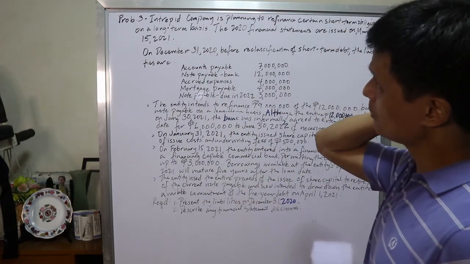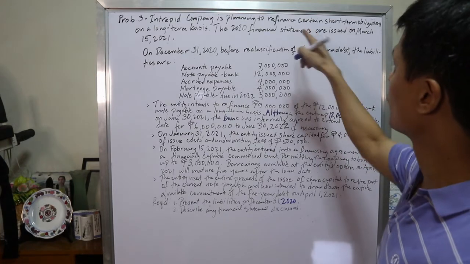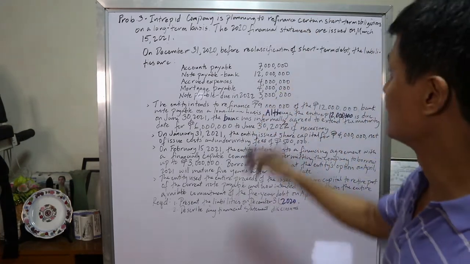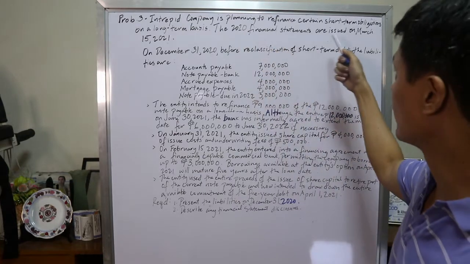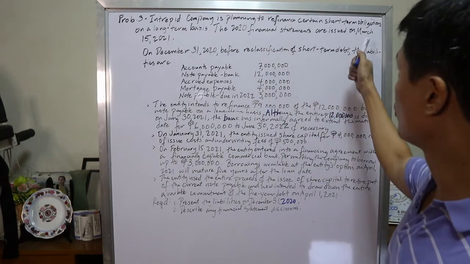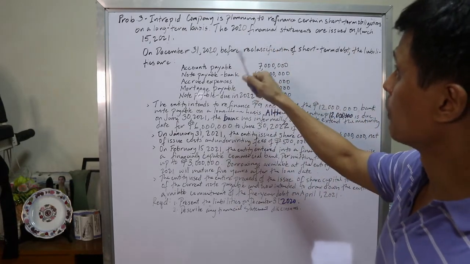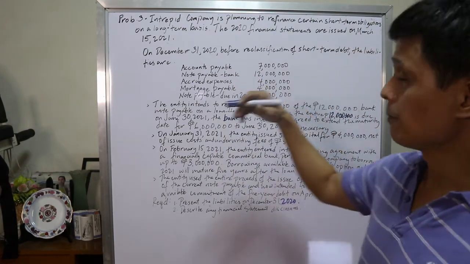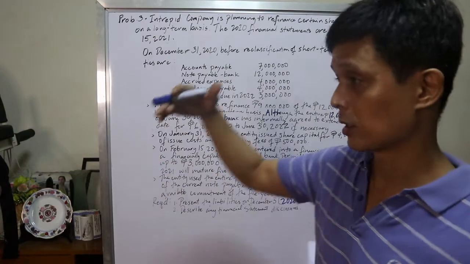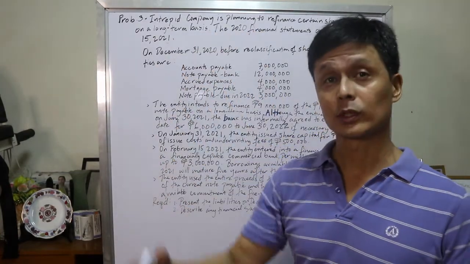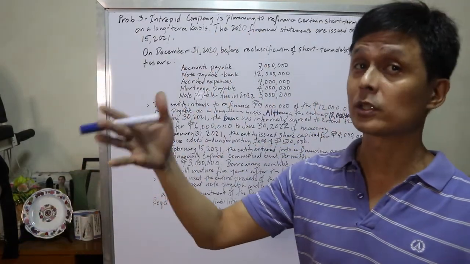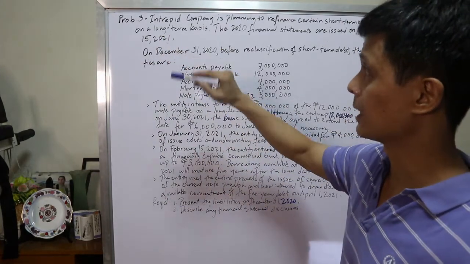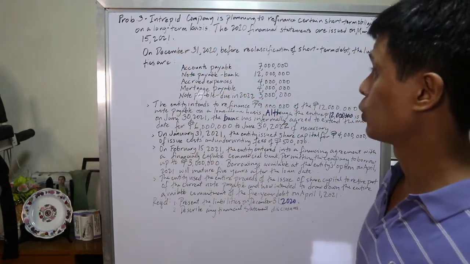No? So, Intrepid Company is planning to refinance certain short-term obligations on a long-term basis. The 2020 financial statements are issued on March 15, 2021. So, it's important to note that meron dalawang dates yan, yung presentation date, which is ang calendar year, which is December 31, and yung issuance of financial statement, which is March 15, 2021.